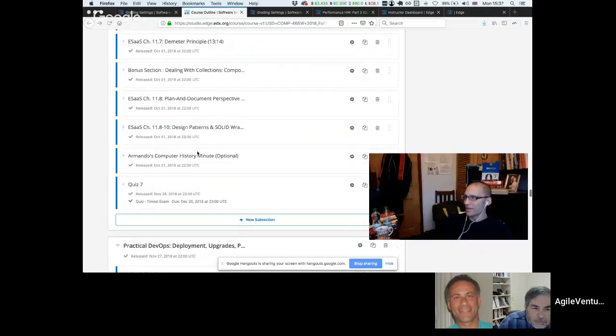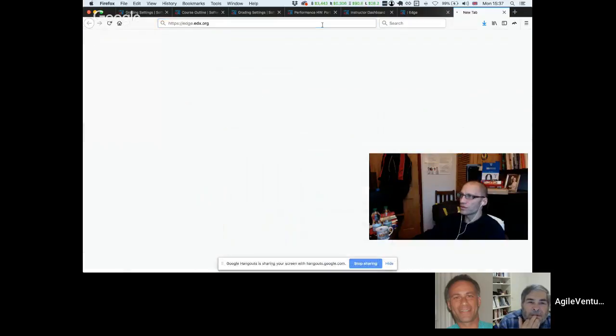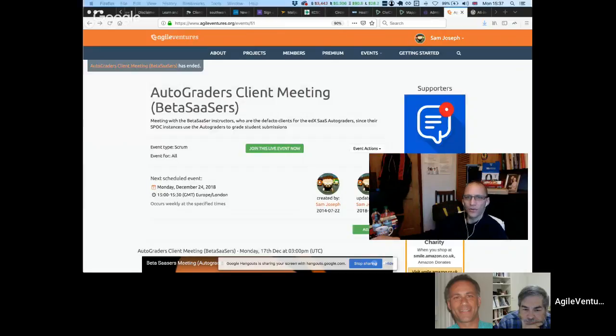But again, what happens in the Spock is different from what happens in the MOOC. We could also go and have a look at how it goes in the MOOC. I'm also wondering if the grade book is going to be different from the grade report. Obviously, the grade book is simpler to look at.